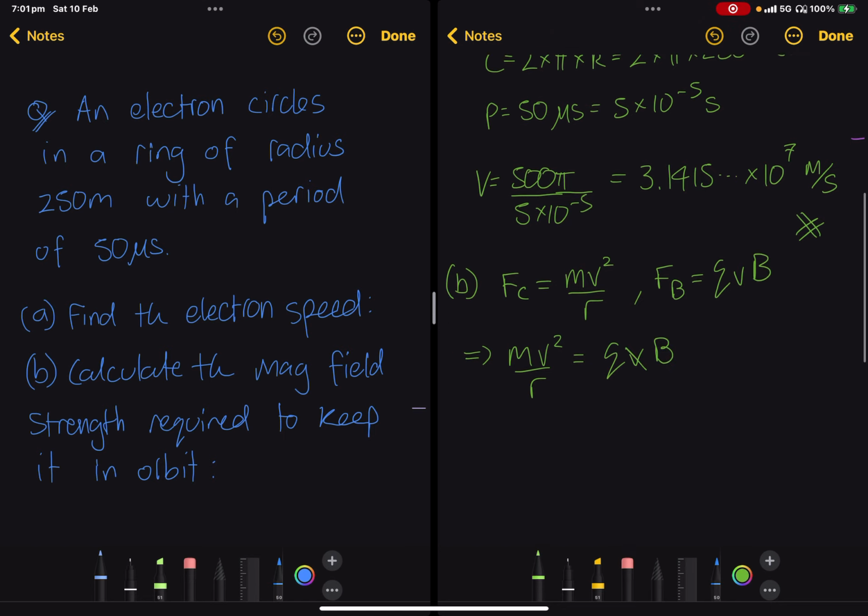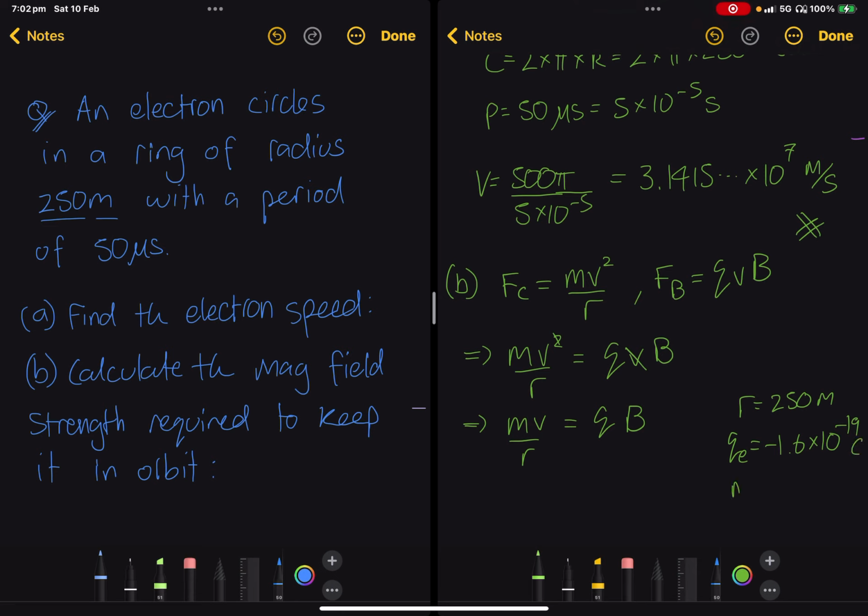We can divide both sides by v. This gives us mv on r is equal to q times B. Now we know quite a lot about this problem already. We know the radius, so r is 250 meters. We know the charge of an electron is about minus 1.6 times 10 to the minus 19 coulombs.